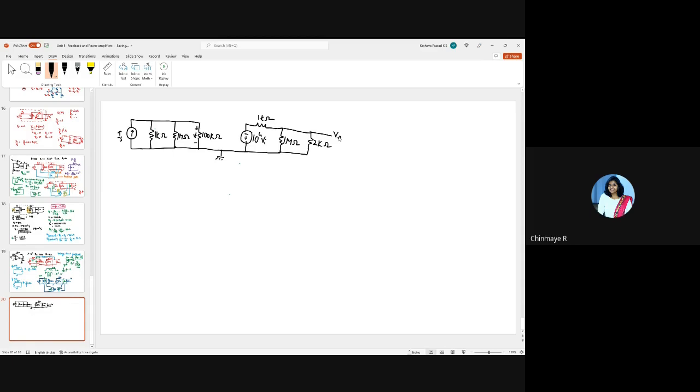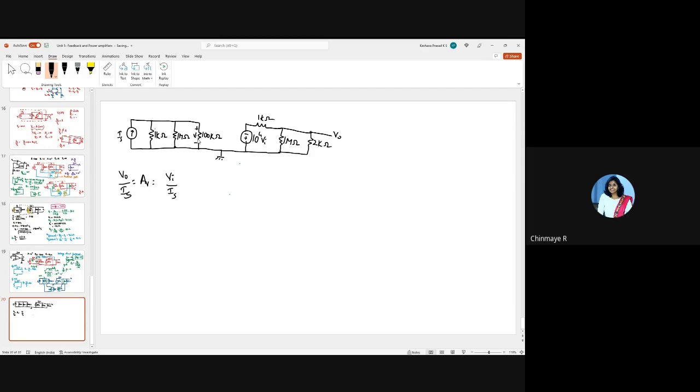Correct? So now you have to find out what is V0 by IS. That will be your open loop gain AV. How will you find that? First, you find out what is VI by IS.